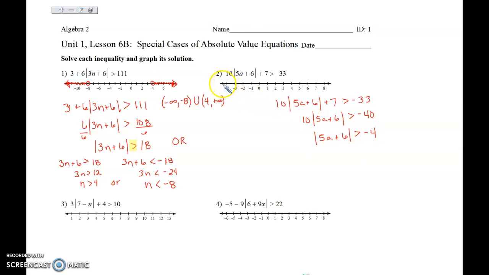So this technically is all real numbers. So it is everything on the number line. And then your answer would be all real numbers.